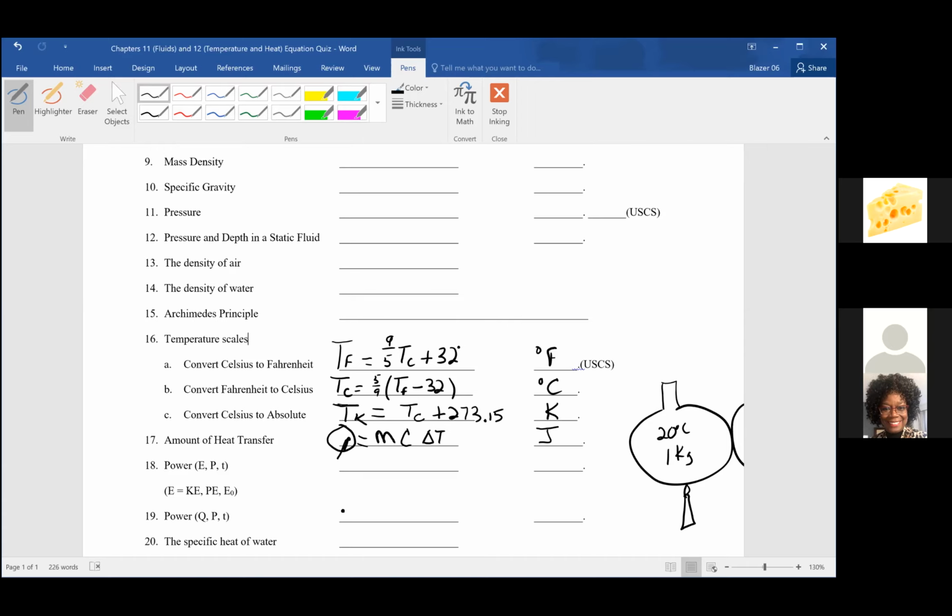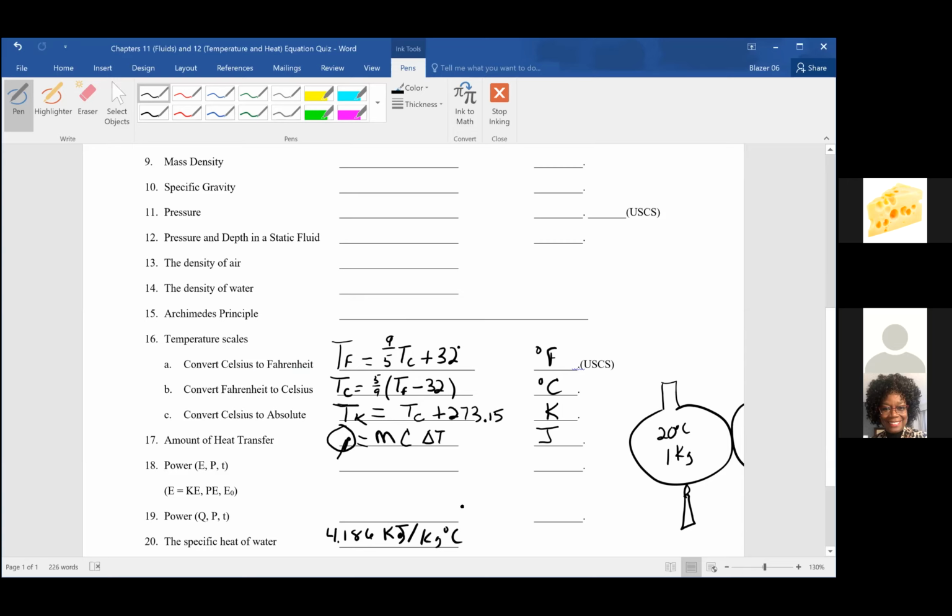Okay, so in your book, he says for water, the specific heat capacity is 4186. So we're going to say 4.186 times 10 to the third, which is joules per kilogram per degree Celsius.